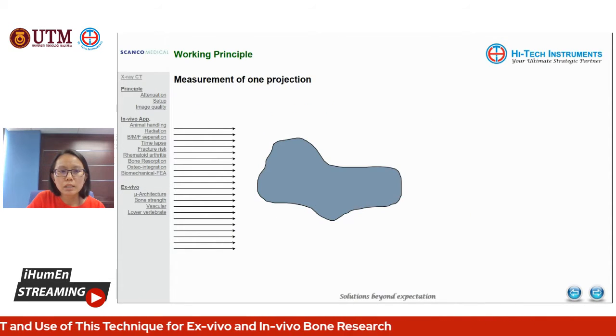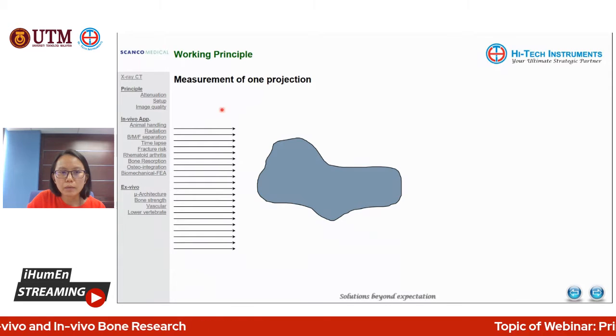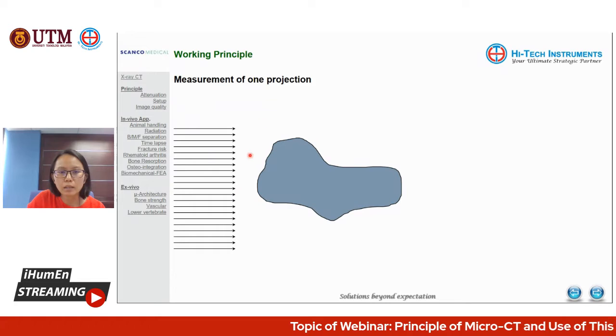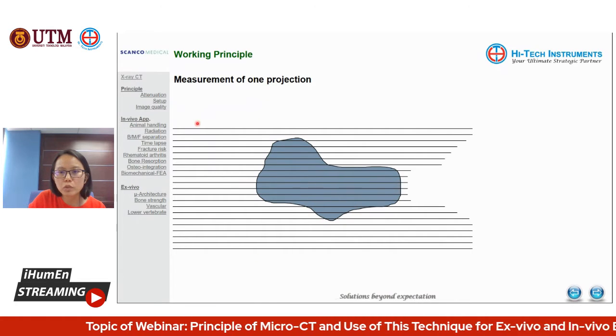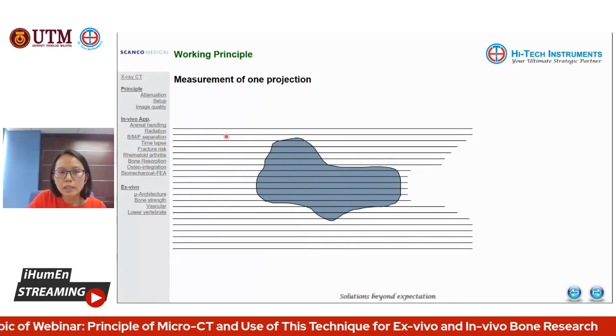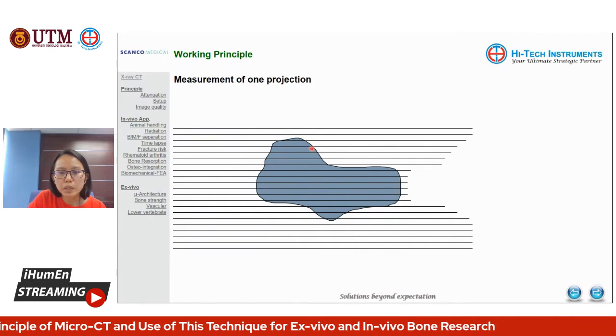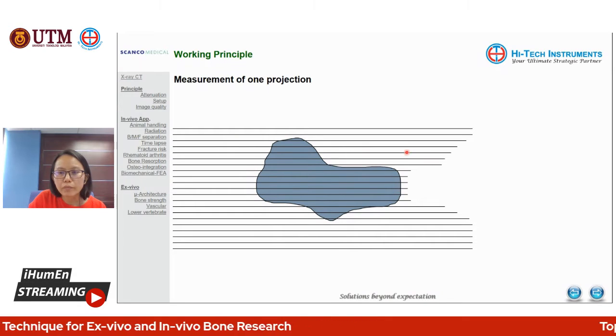And this one is just a simple animation. As you can see here, this is the X-ray beam, and this is the material with different thickness. As the incident beam travels through the object, when it travels through a thicker and denser area, you can see there are fewer X-rays surviving.